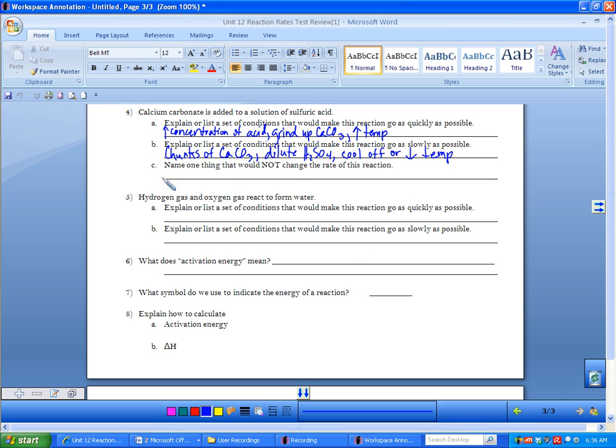One thing that would not change the rate of this reaction, pressure changes would not affect reaction rates because none of these are gases. All right, and we're going to move on.